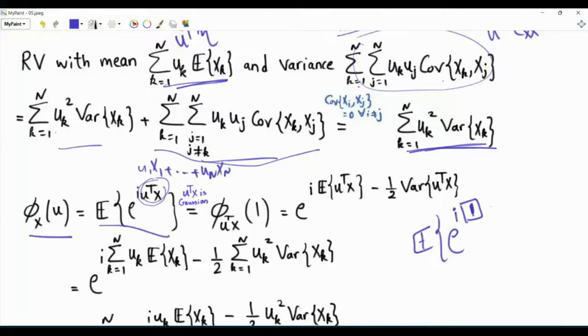The parameter of the characteristic function is 1, and then we have a scalar random variable which is u transpose x. Okay, so this is the definition of the characteristic function of a random vector, and it can be thought of as if we evaluate the characteristic function of u transpose x. This is our scalar random variable, at 1.